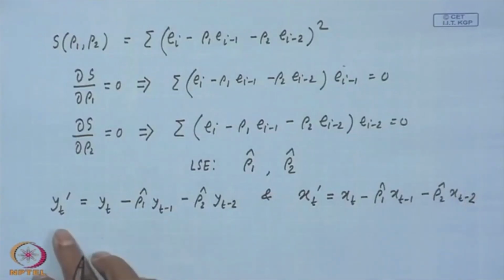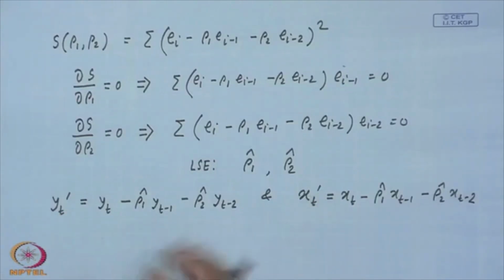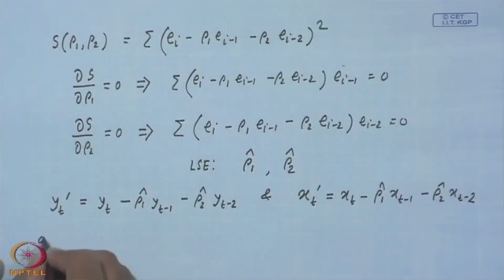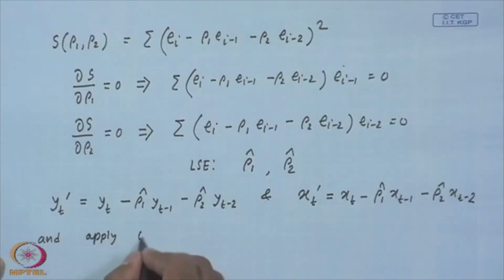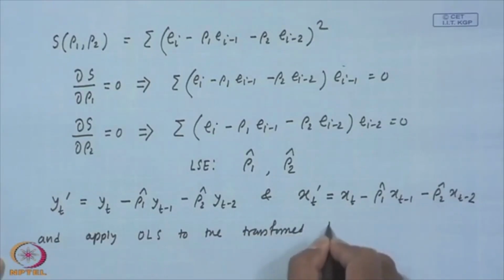So, now you can obtain y t prime and x t prime. So, these are the transformed data, and now you are in a position to apply ordinary least square to the transformed data.